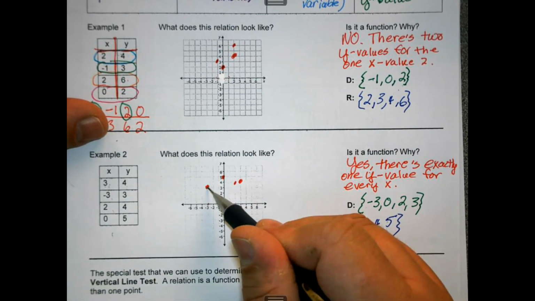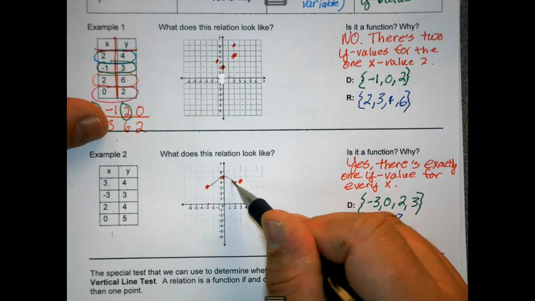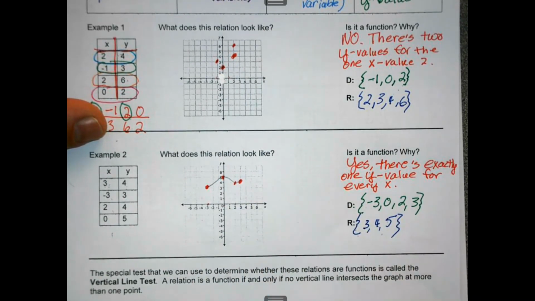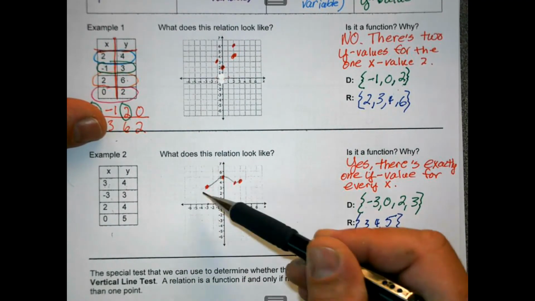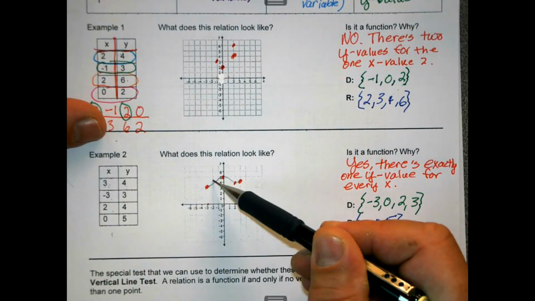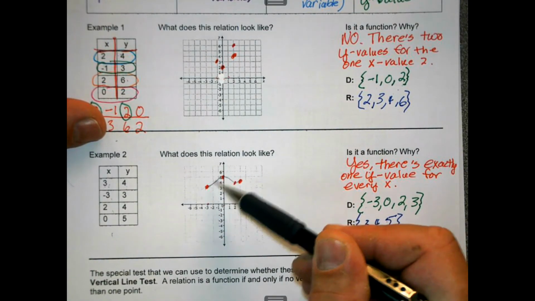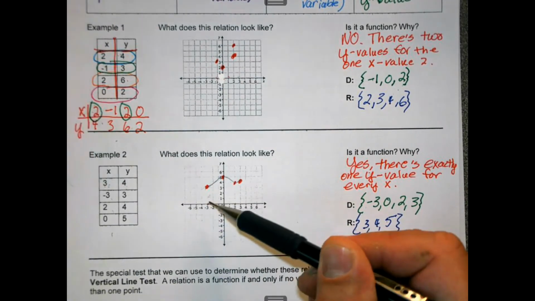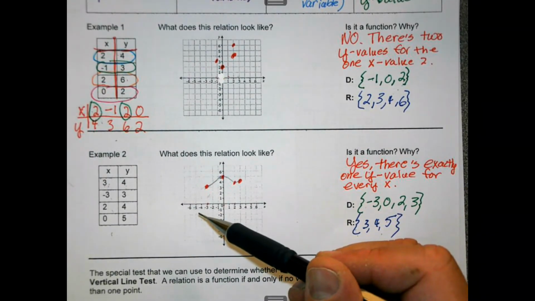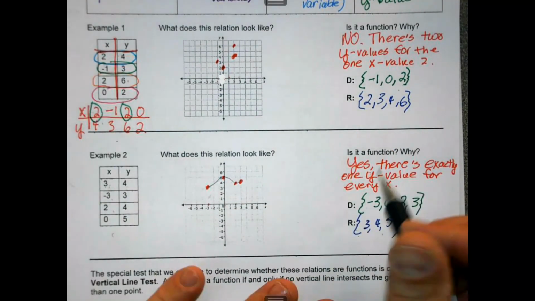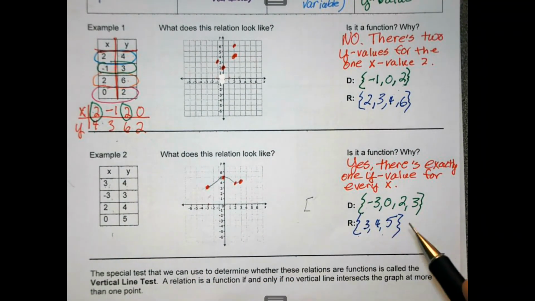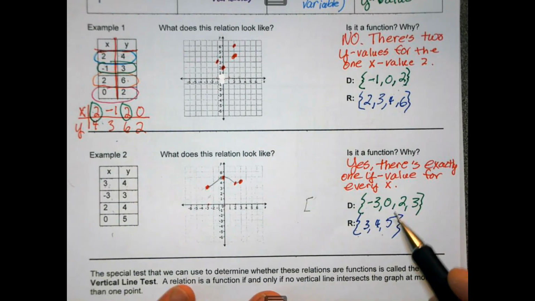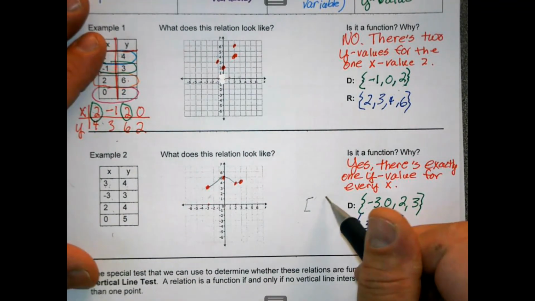If I had a line connecting all of these, then I would have to include all of these values in here, like -2, -1, and even the fractions in between, which is going to be infinitely many, right? Then I would have to include those numbers, and that's where I get into my interval notation. We're going to do that with some practice problems.